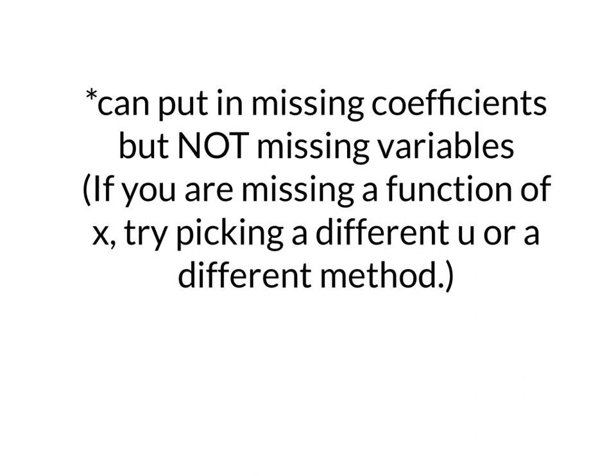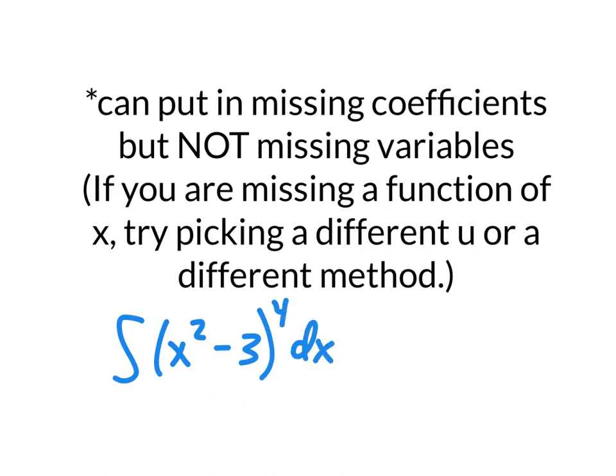However, if I'm missing a variable, a function of x, I cannot just multiply by x and then divide by x. I will actually have to pick a different u for the u substitution or pick a different method. Here's what I mean by that. Let's say I had something like x squared minus 3 to the fourth dx.